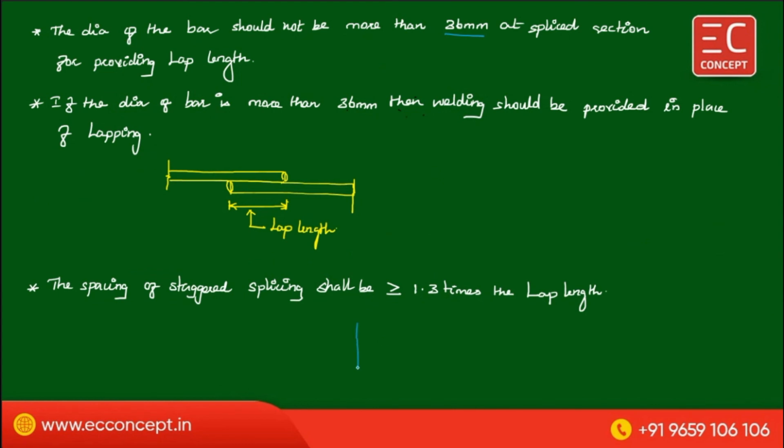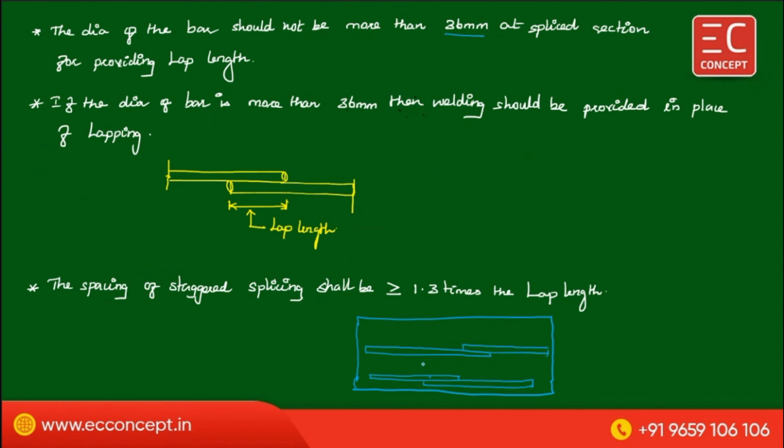So this is the plan. We are doing a lapping. So this is one bar, and this is another bar. In one section, you lap. Now the staggered lapping is something like that, and this is another splicing.